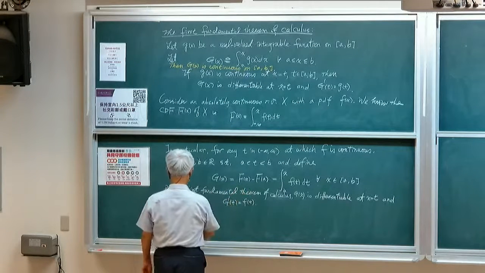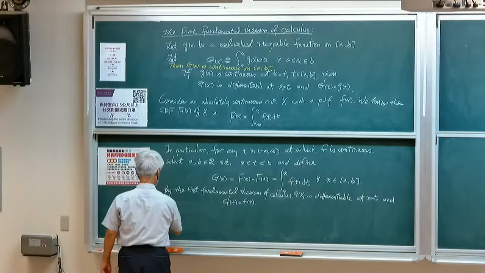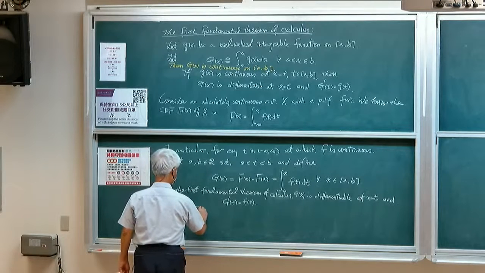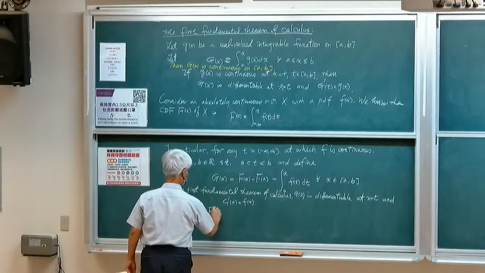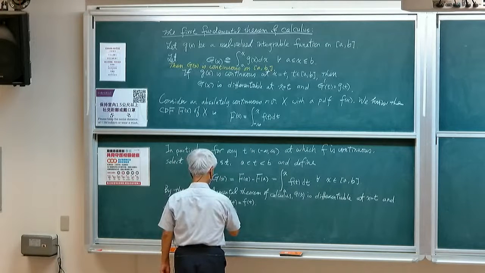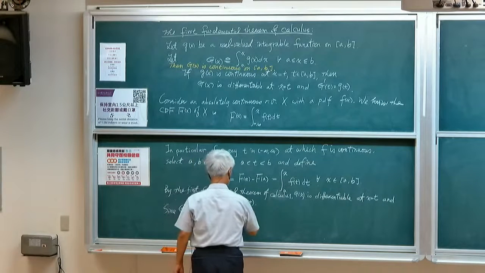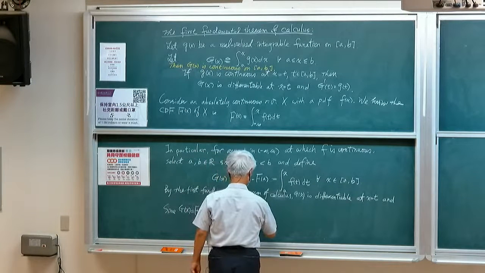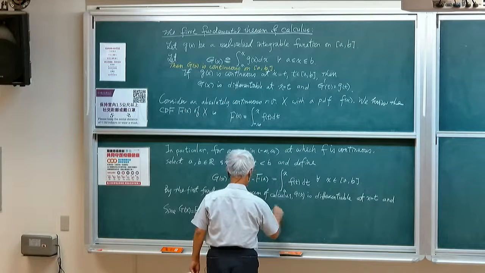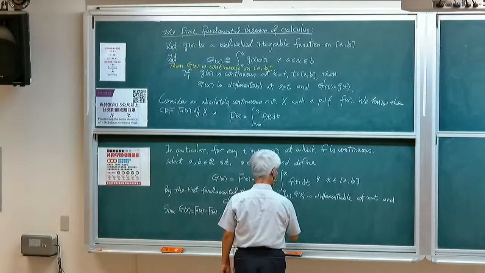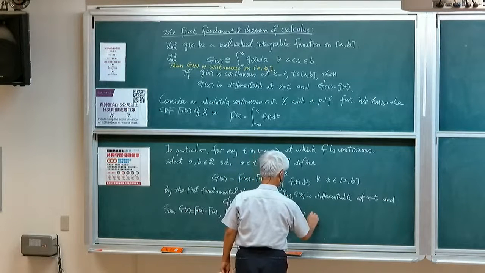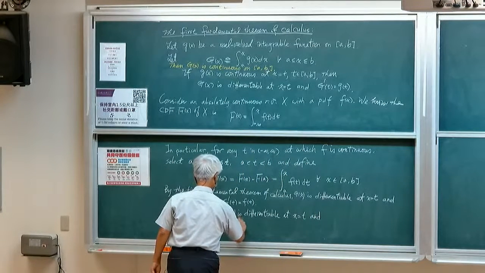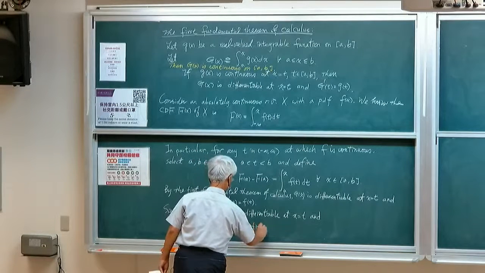Or since G of x is equal to F of x minus F of A, F of x is differentiable at x equal to t, and F prime t is equal to G prime t is equal to f of t. Okay.